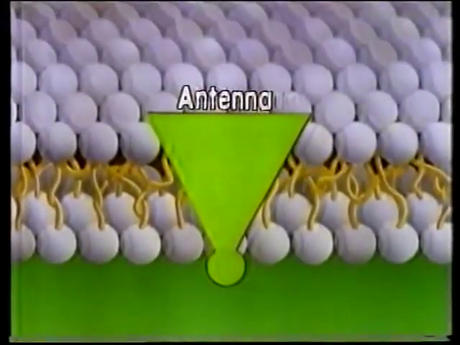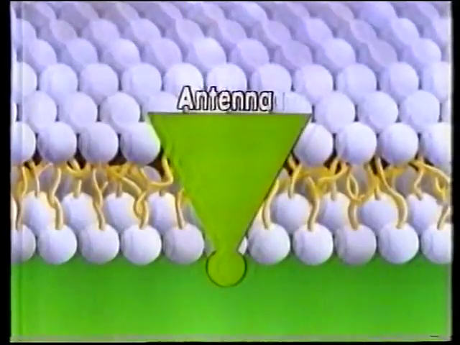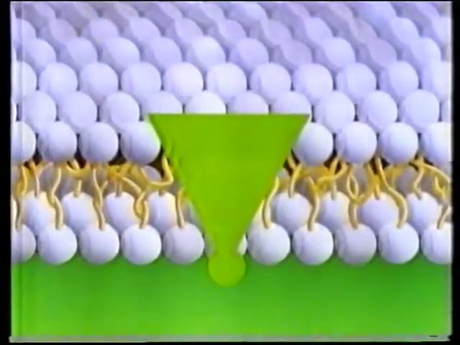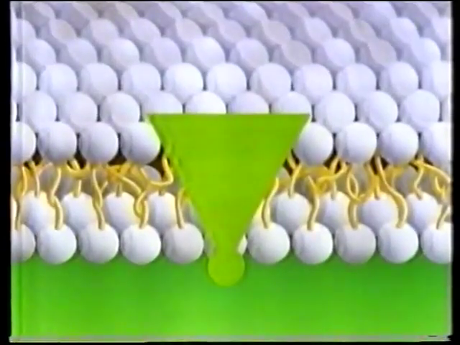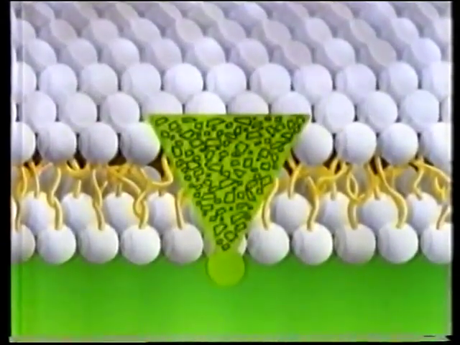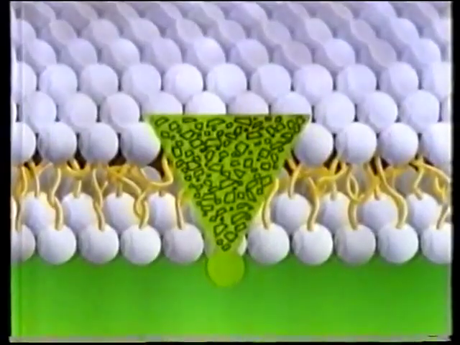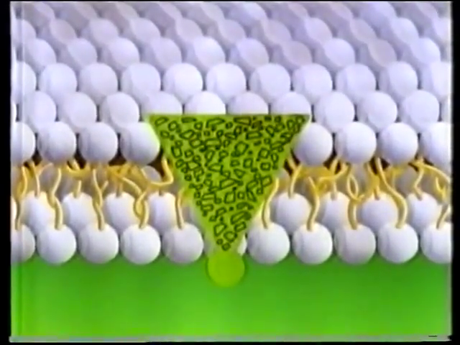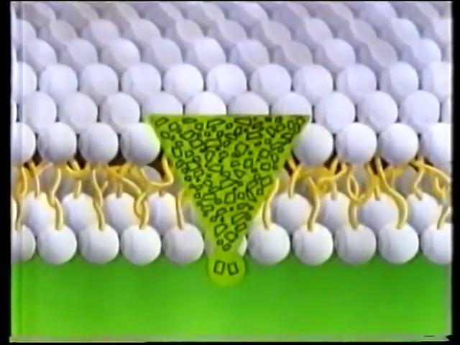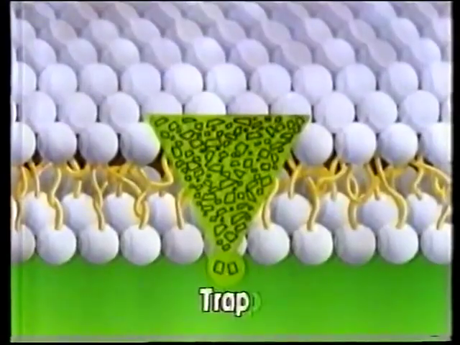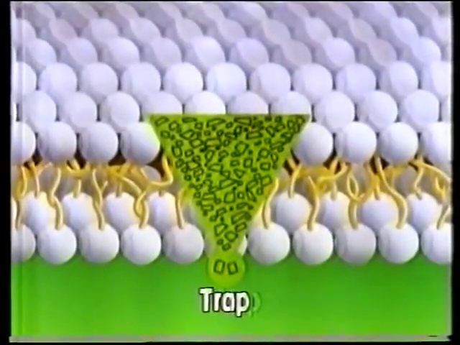This collects light, so it's called the light harvesting antenna. Experiments have shown that in green plants it's made up of chlorophyll, about 300 molecules per unit. At the bottom of the triangle are special chlorophyll molecules of lower energy, probably arranged as a dimer. This region is called the trap, or photosynthetic reaction center.